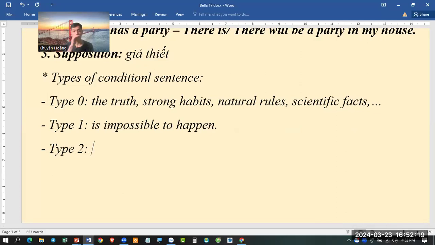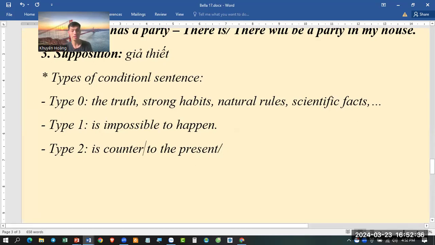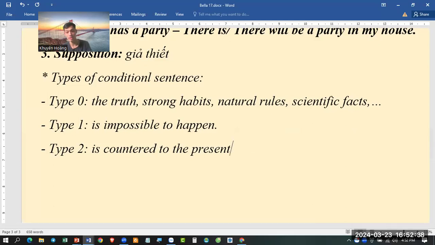Type two is counter. You know the word counter? Counter to the present. Actually, this is an adjective, so we need ed. It is countered to the present. And the next one is type three.